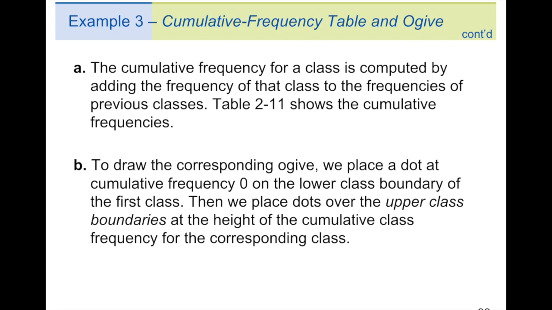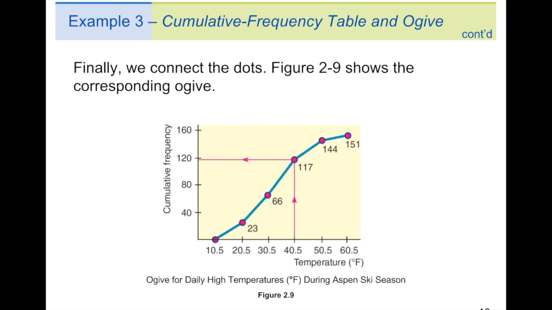Then we place dots over the upper class boundaries at the height of the cumulative class frequency for the corresponding class. And it should look like this. So lower boundary was 10.5, so we put it right at 0. Next one was 20.5, so it goes to the first cumulative frequency, 23. Then we had 66 for the next one, 117, 144, 151.